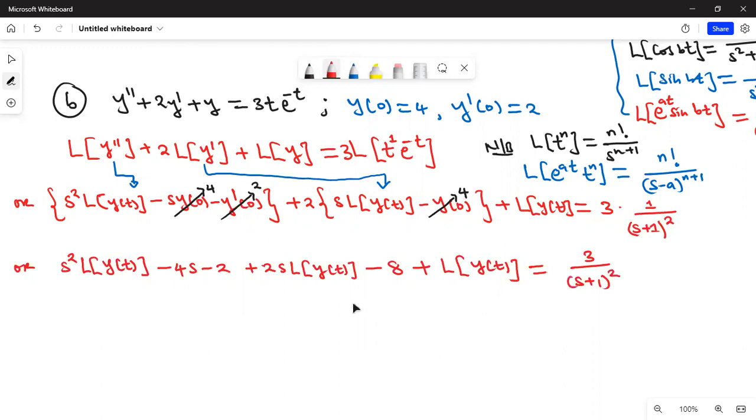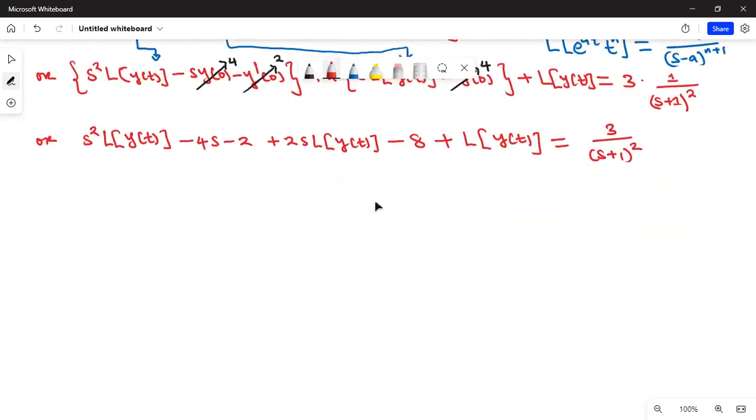Let us collect like terms. So here, this and also this, we are going to combine them so that we have s squared plus 2s plus 1.